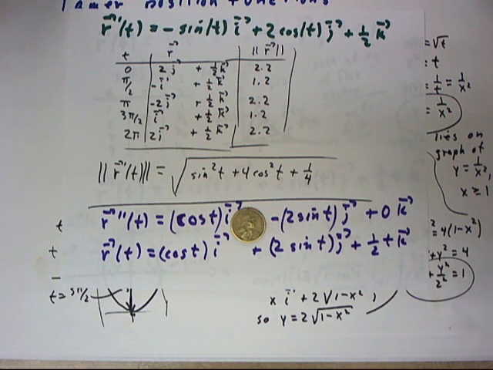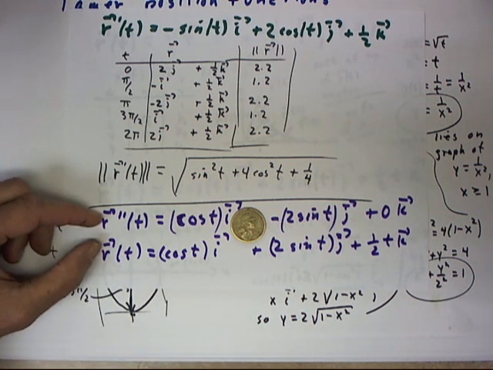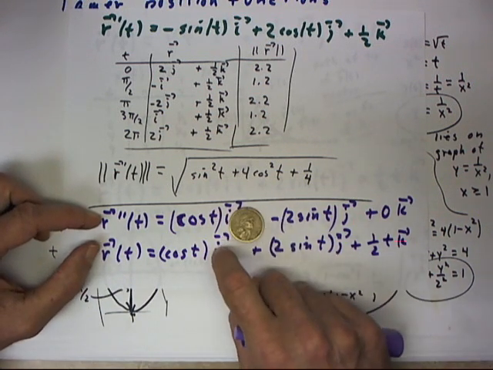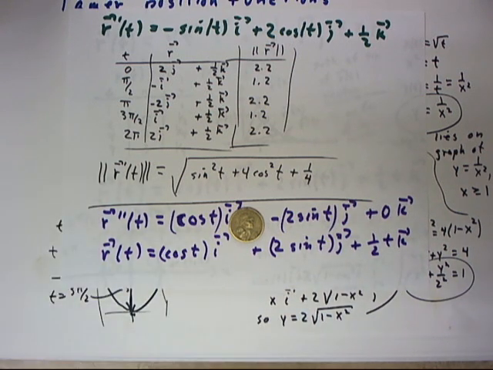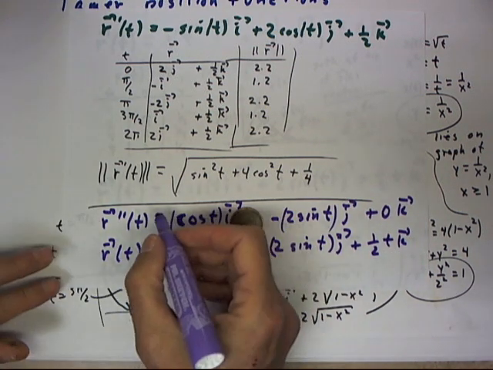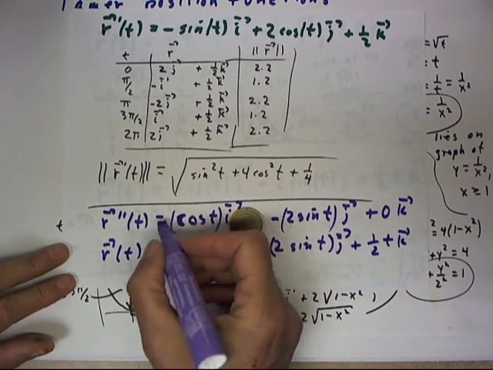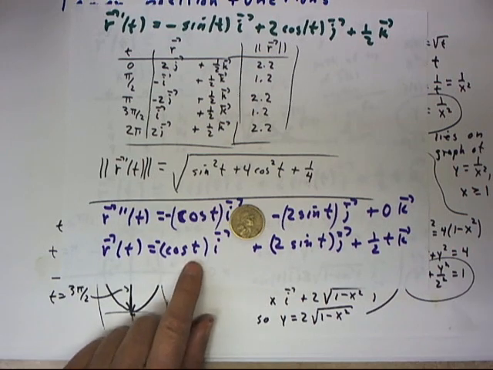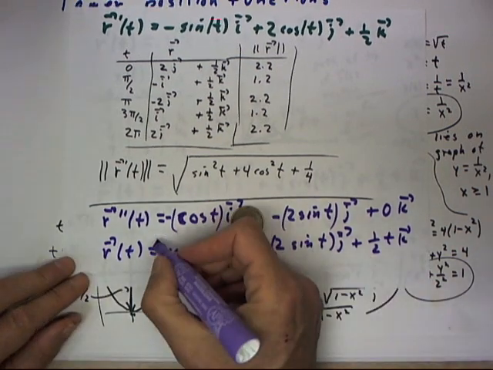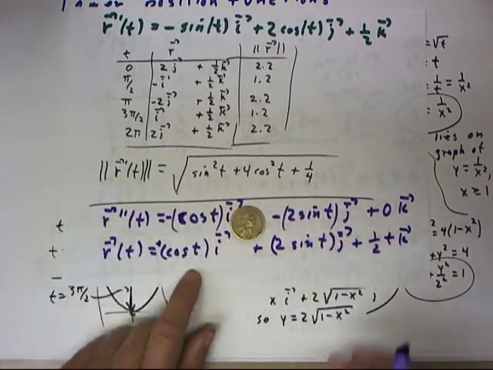We see that the r double prime of t component in the i direction is identical. It's not identical because this is negative. Got a negative here and a negative here. Identical, but this is positive. Okay.